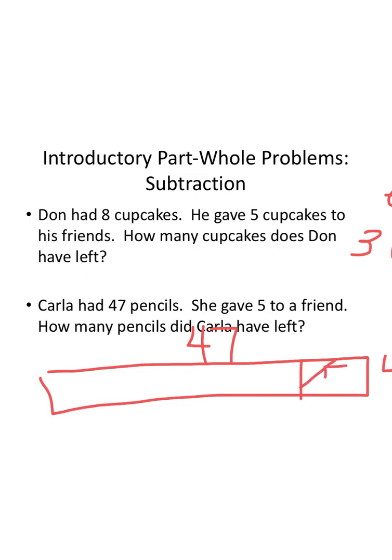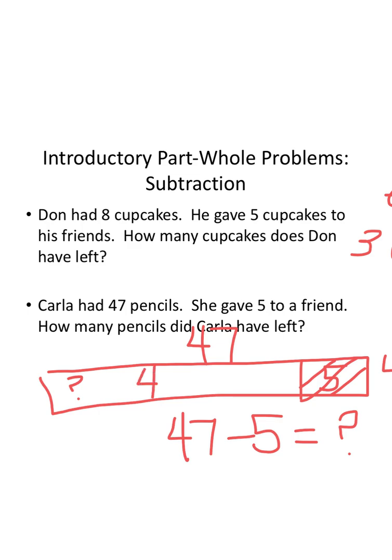So I'm going to put a 5 there and cross that out so I know that those are gone. My equation then, I need to know this other part. So 47 minus 5 equals some number. That's what I need to find out. So 47 minus 5 equals 42. So 42 pencils.